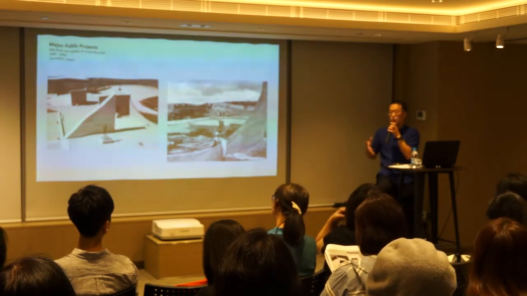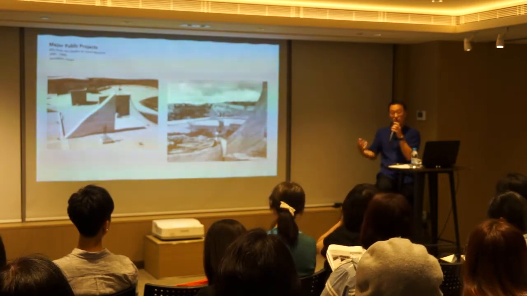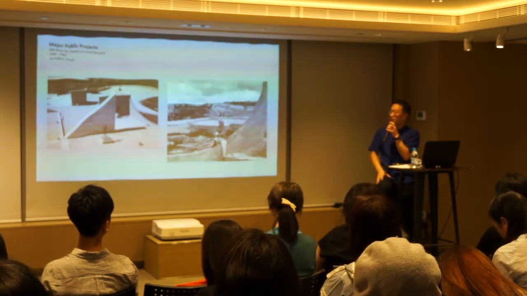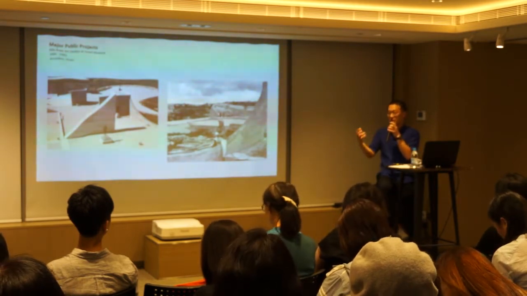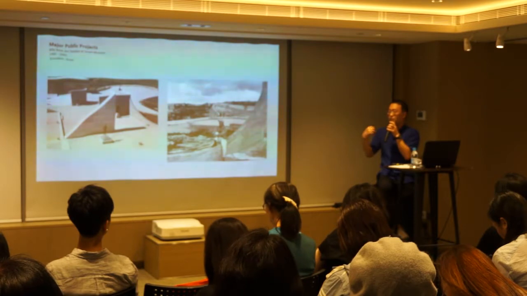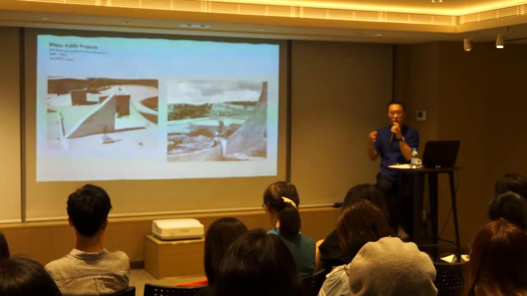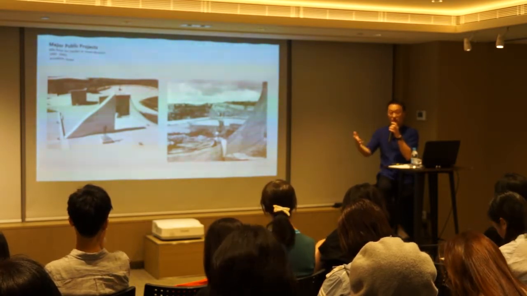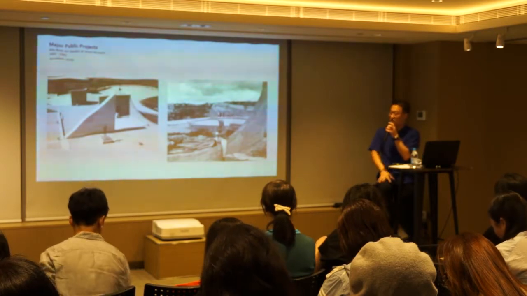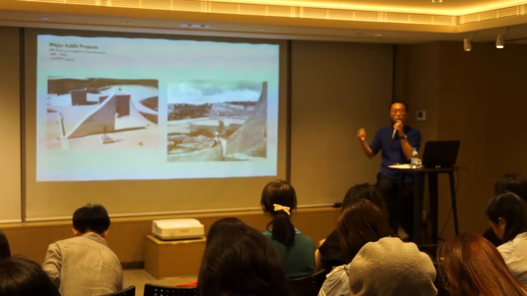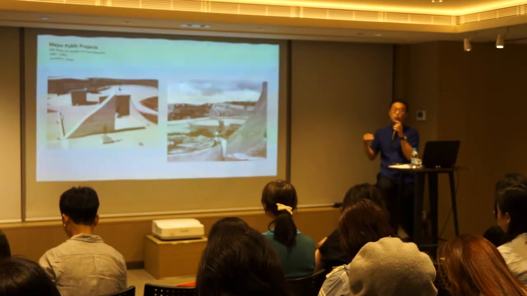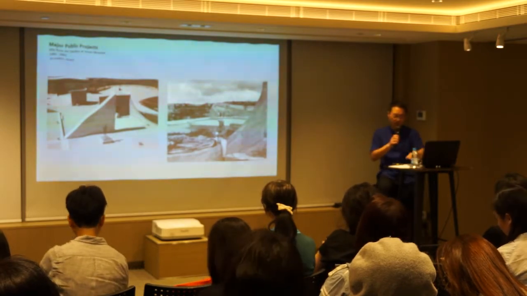He wanted to shape the earth, he wanted to sculpt the earth, and he wanted these earth sculptures, even before the term earth art began to emerge in the late 1960s and the 1970s. Noguchi was already doing this before anybody else was.